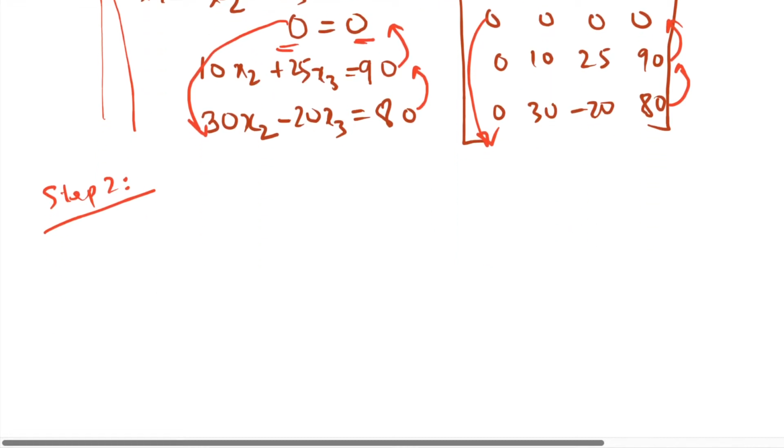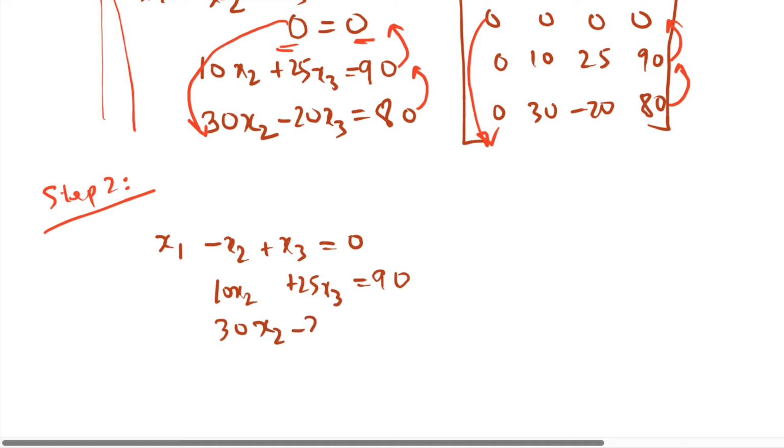You will get a new linear system which will be x1 minus x2 plus x3 is equal to 0, and 10x2 plus 25x3 is equal to 90, and 30x2 minus 20x3 is equal to 80, and 0 is equal to 0.